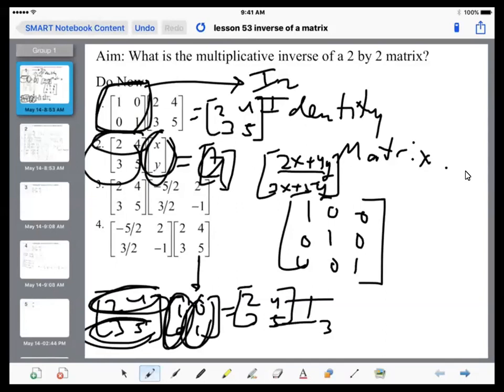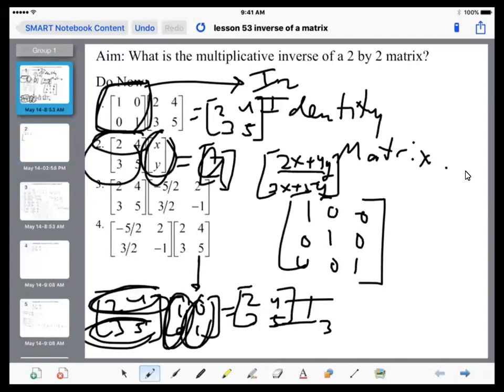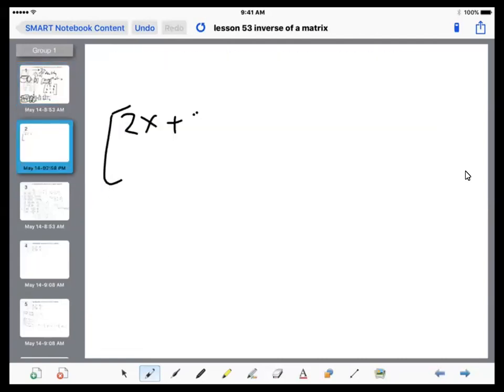This is kind of important because if I take the 2, 4, 3, 5, the opposite of multiplying is not really dividing, but to me, it's more like factoring.